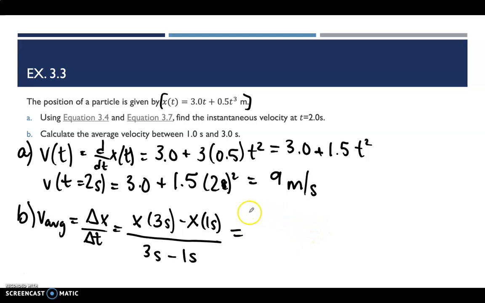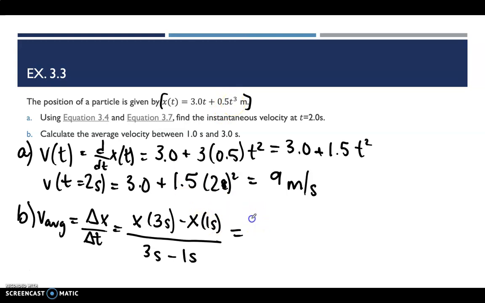So what you'll do is plug these values into that first equation here, x of t. Imagine I have x at 3 seconds, you plug it in here and here. So 3 times 3 is 9, plus 0.5 times 3 cubed.